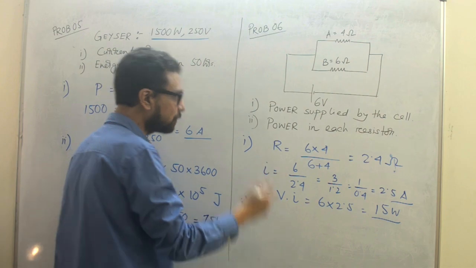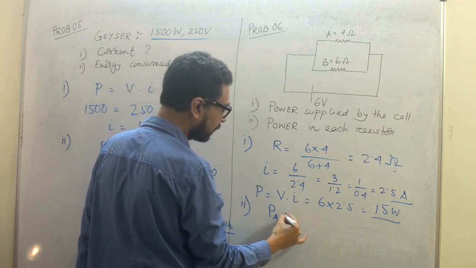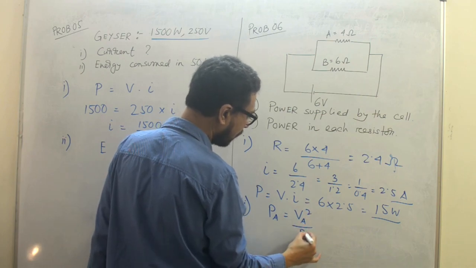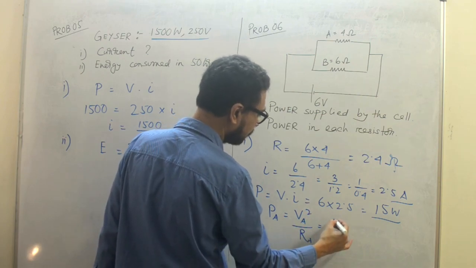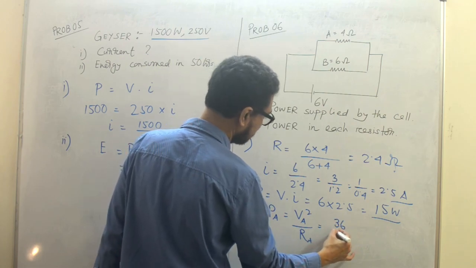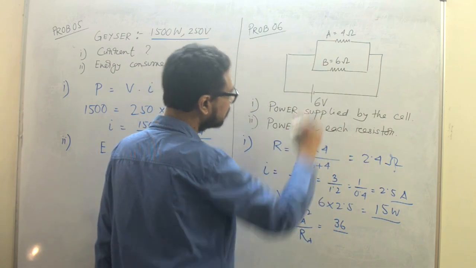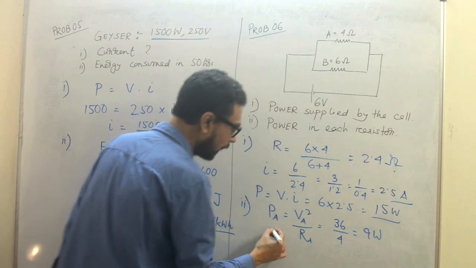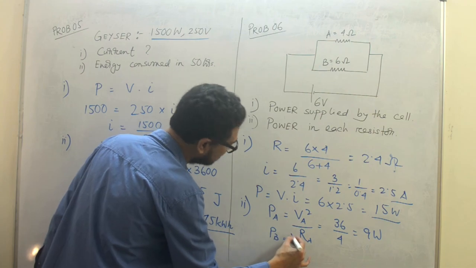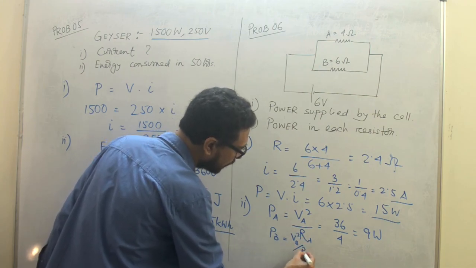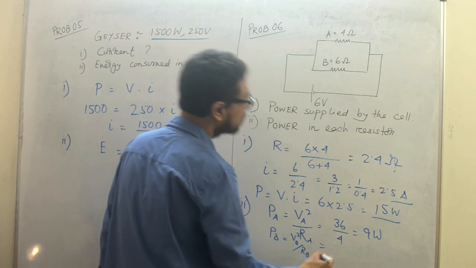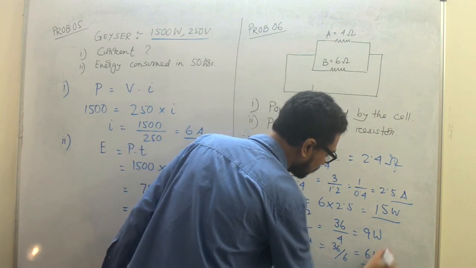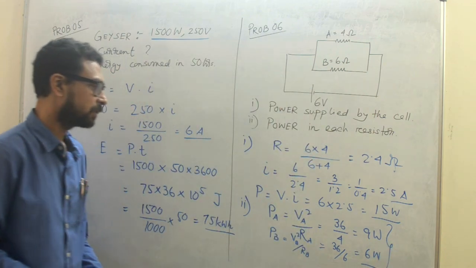So the power of A is V square by R. VA square is 36, 6 square, and RA is 4, so it is 9 watt. And the next power is VB square by RB, which is 36 by 6, which is 6 watt. So these are the answers for the rest of the two parts.